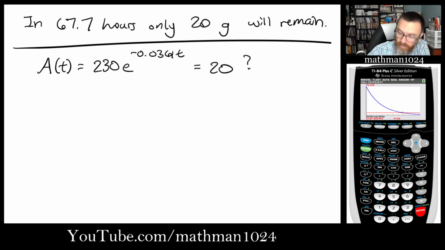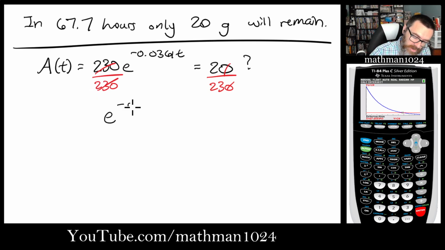Well, you solve it just like we've done everything else. Divide by that leading coefficient. Those guys go away. We have e to the negative 0.0361t. And then we apply the natural log to both sides.